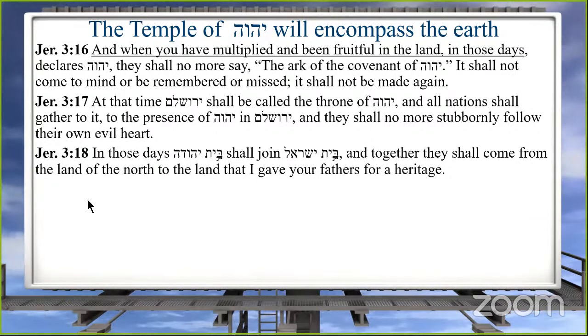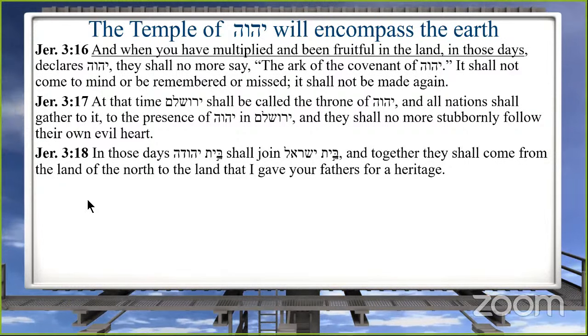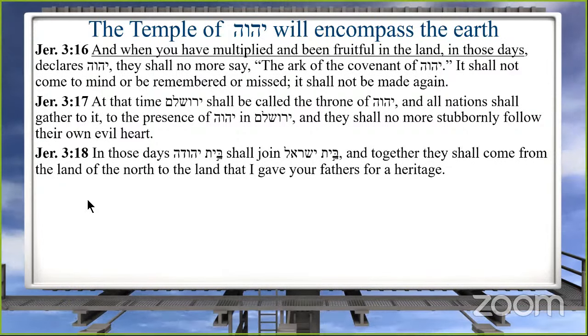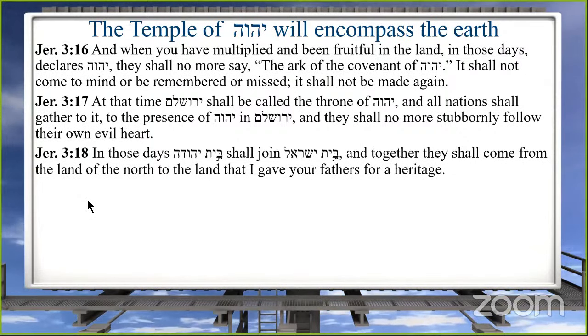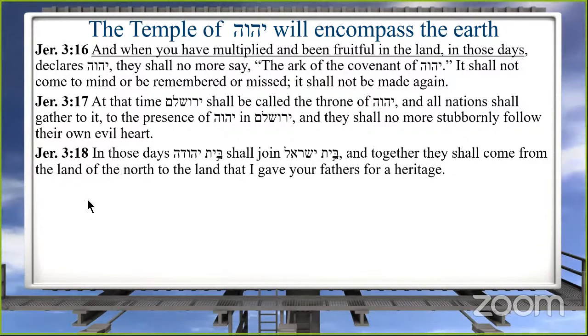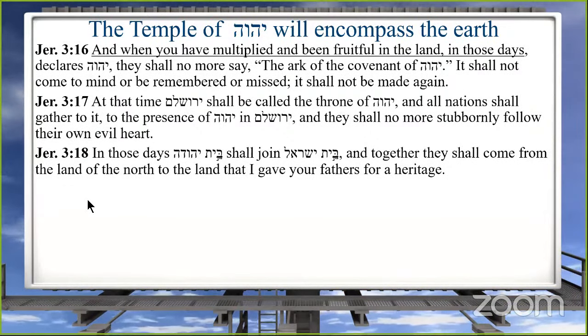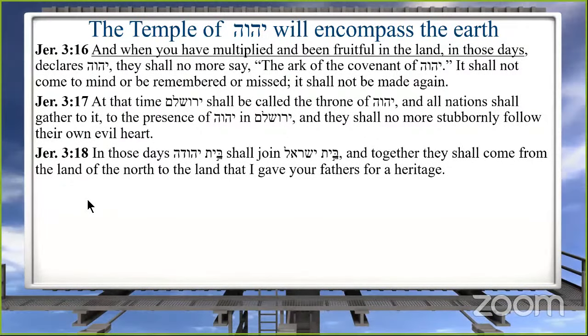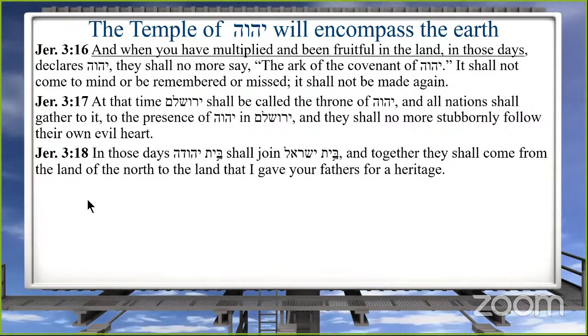But then I'm thinking maybe it's because the Ark of the Covenant held his presence, and since his presence will be in us and with us, maybe that's why we will not be missing or wondering where it is. So that's my two cents. Okay, very, very close. Very, very close.